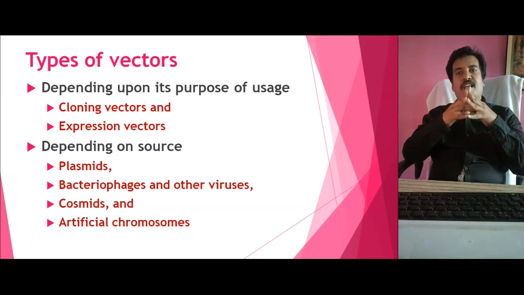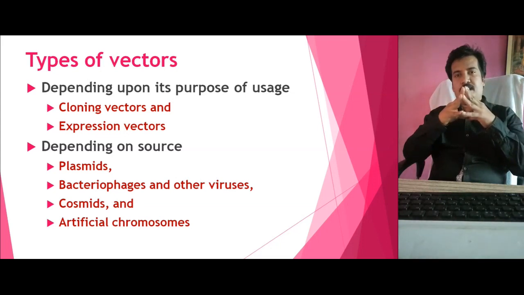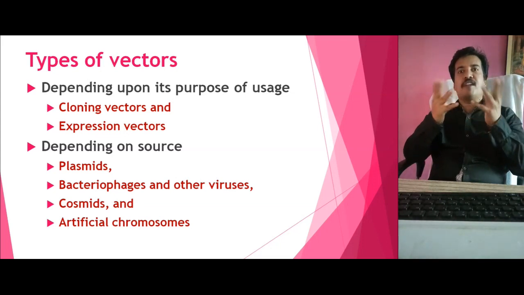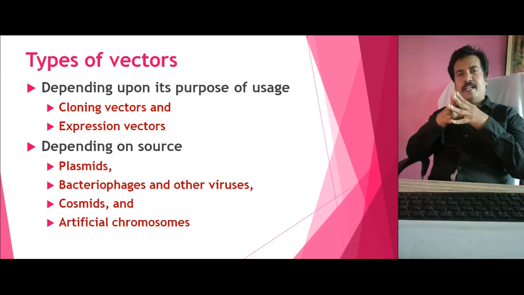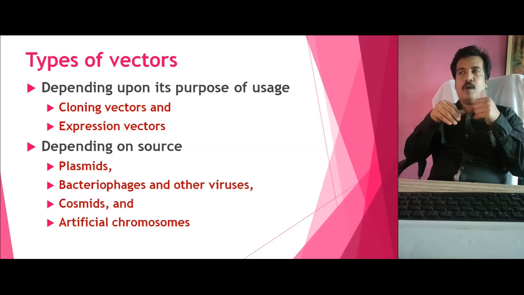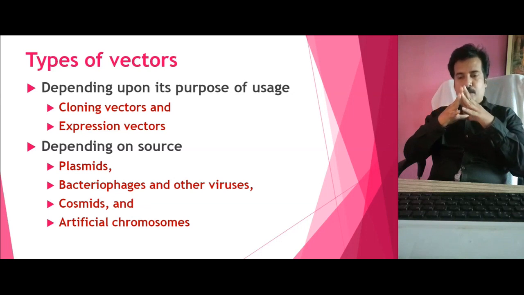There we started defining artificial chromosomes. These are the four different types of vectors obtained from different sources: one, a plasmid; two, a bacteriophage; three, a cosmid; and finally four, artificial chromosomes.